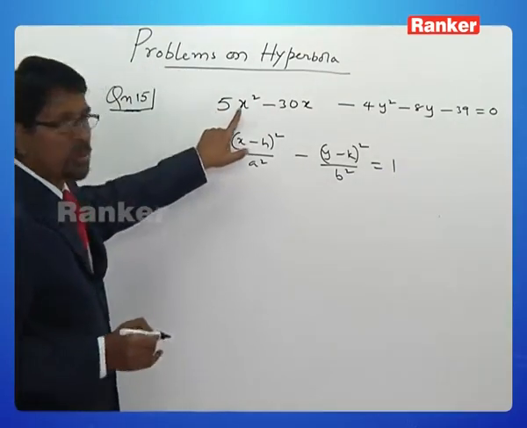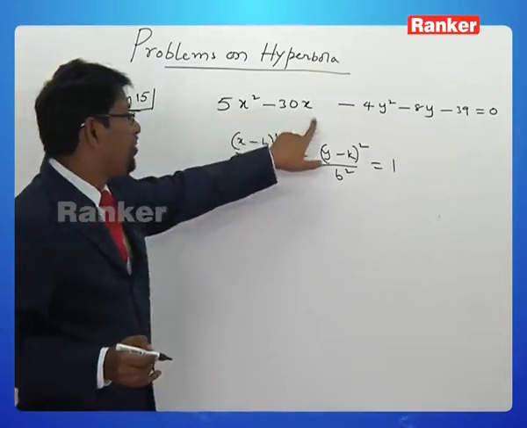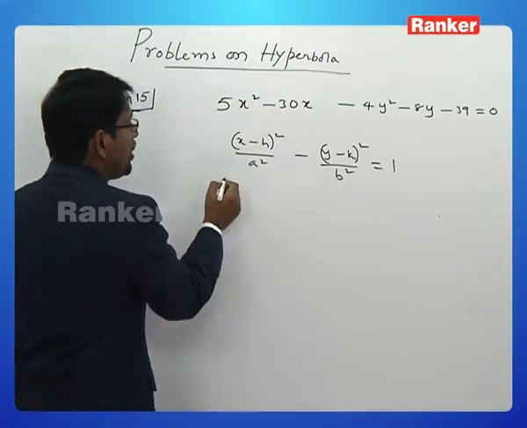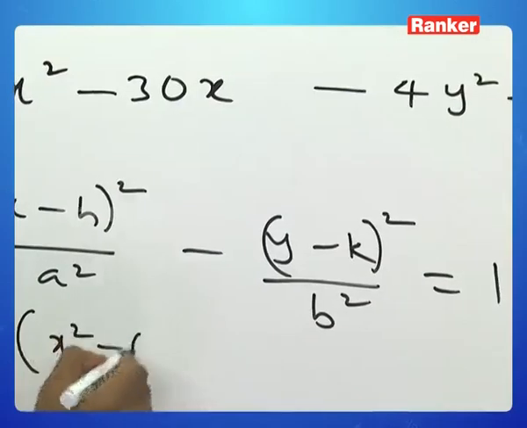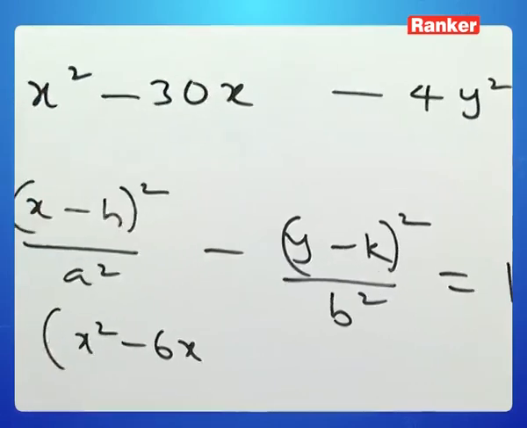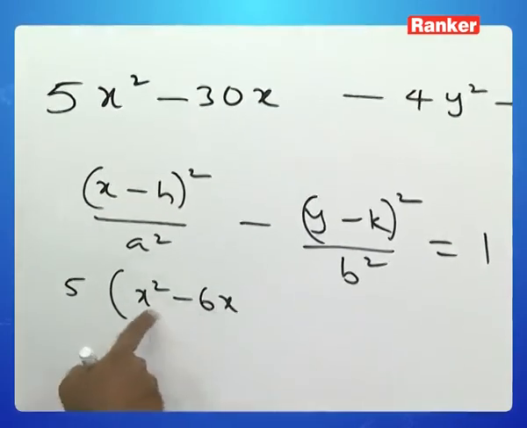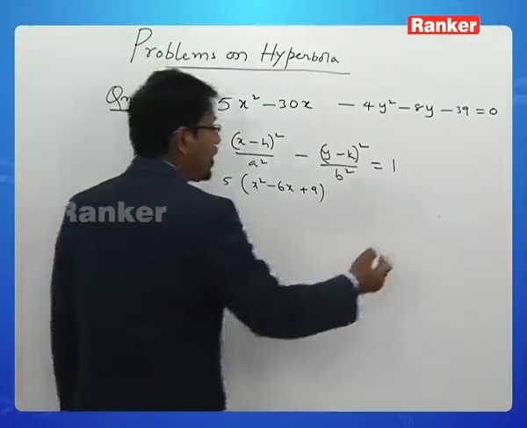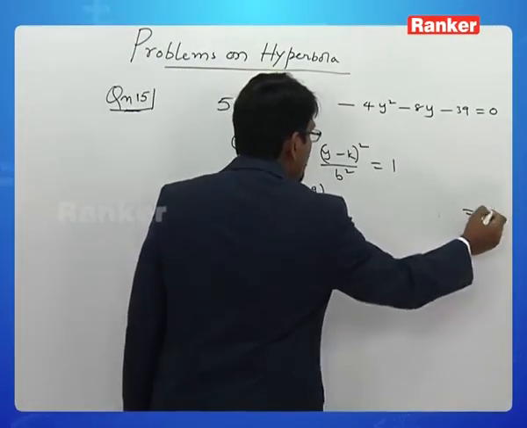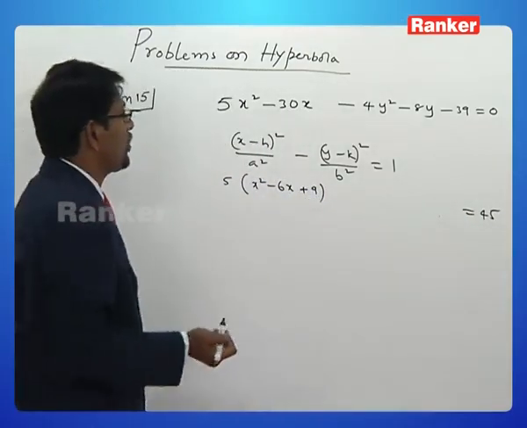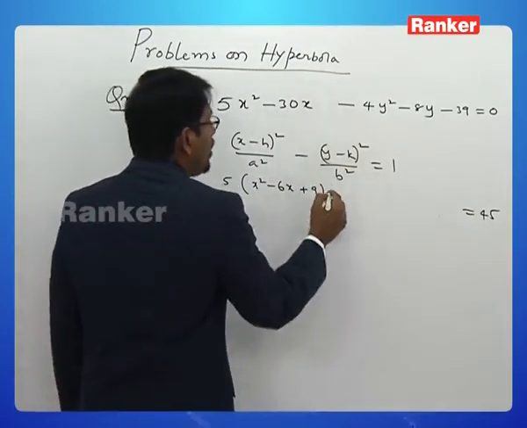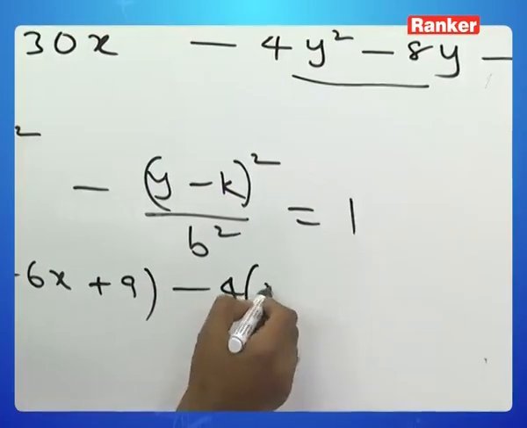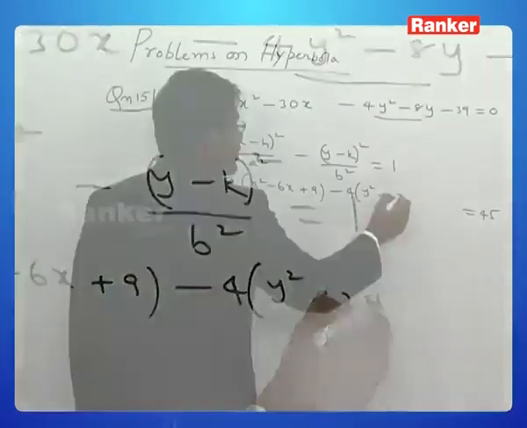So to do that, we have to complete a perfect square in the x terms here. So I take out a 5 common here, 5 into x square minus 6x. In order to make it a perfect square, we need to add a 9 here. So 5 into 9, so 45. On the right hand side, we'll add a 45. Now a minus 4 can be taken common in these two terms. We'll have y square plus 2y.